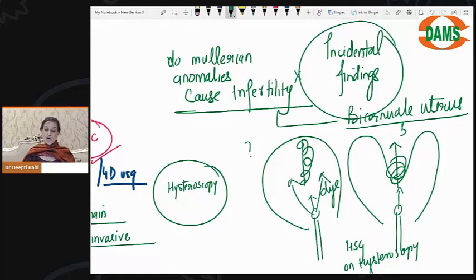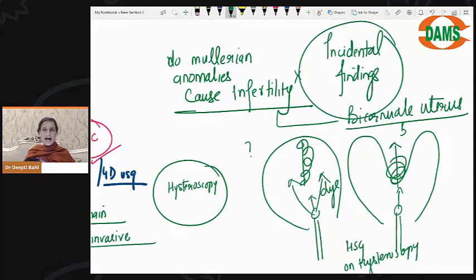What do you want to do? No operative procedure. Remember what I told you: bicornuate uterus usually has a good reproductive outcome. So no operative procedure required.